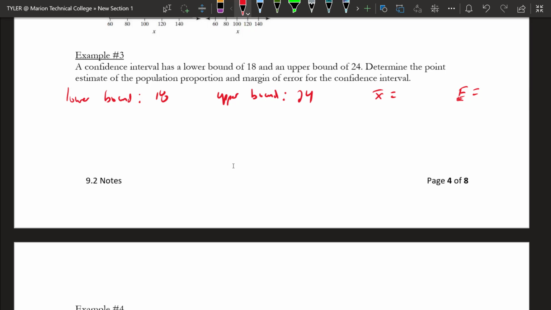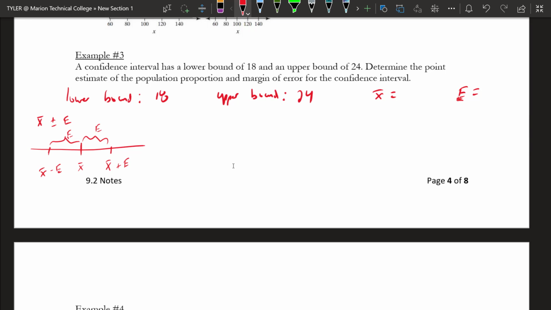So, if you think about it for a moment, you find the confidence interval by taking x bar plus or minus e. So you're adding, subtracting, you're going to get an equal distance on either side. Because if you have a number line, here's x bar, here's going to be x bar plus e. Over here is going to be x bar minus e. So this distance is e units, and this distance is e units.